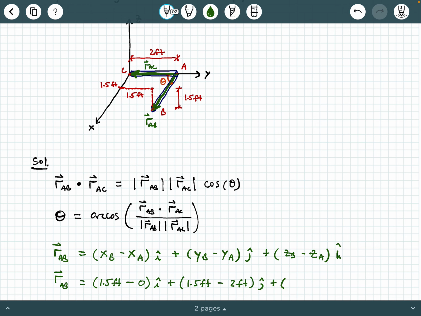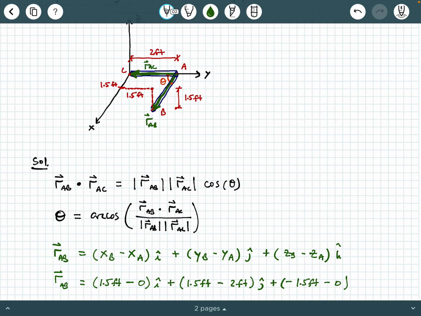And then we're looking at the Z coordinates. The Z coordinate of B is negative 1.5 feet because we're kind of angled down in the negative Z direction. So that'll be minus 1.5 feet minus Z_A. What's the Z coordinate of A? Well, that's just 0 because, again, point A is lying along the Y-axis.